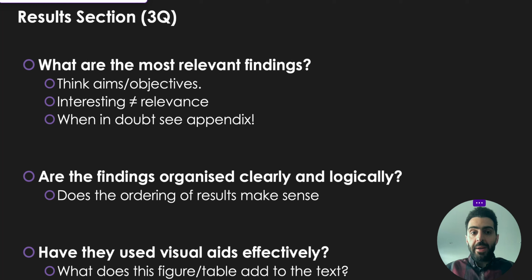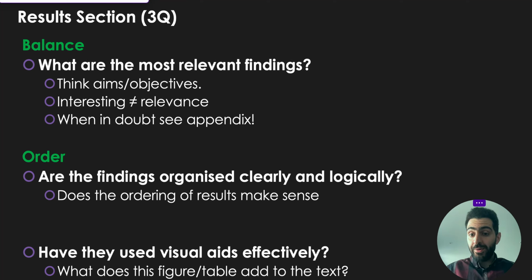So this, in my opinion, are three important questions that you want to be able to answer to make sure your results section is clear and descriptive. To simplify it, you want to get the balance right between how many findings you include and how much you emphasize the relevant findings as opposed to the less relevant findings.